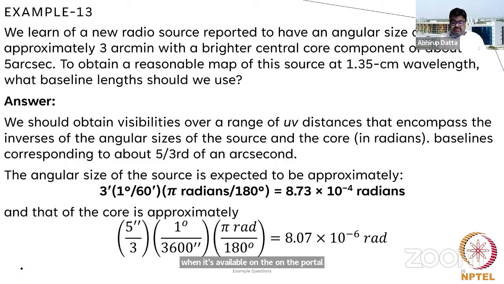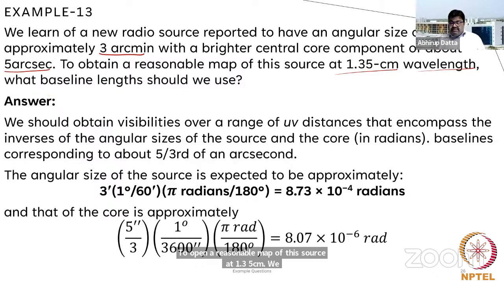Example 13, we learn a new source reported to have an angular size of approximately 3 arc minute with a brighter central core component of about 5 arc seconds. To obtain a reasonable map of this source at 1.35 centimeter wavelength, what baseline length should we use? So again, the same thing, a similar expression.